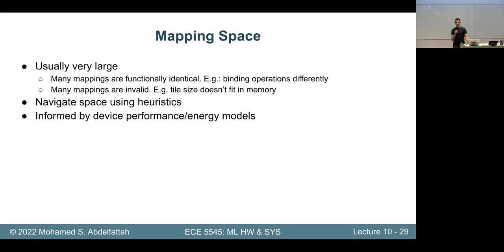And many of them are invalid, so many of them would just make your code not functional. For example, if you choose a tile size that doesn't fit into memory, then that would just be invalid. So, as I said, we usually navigate the space using heuristics, and we usually build those device models to make sure that we can do it in a way that would minimize our objective.